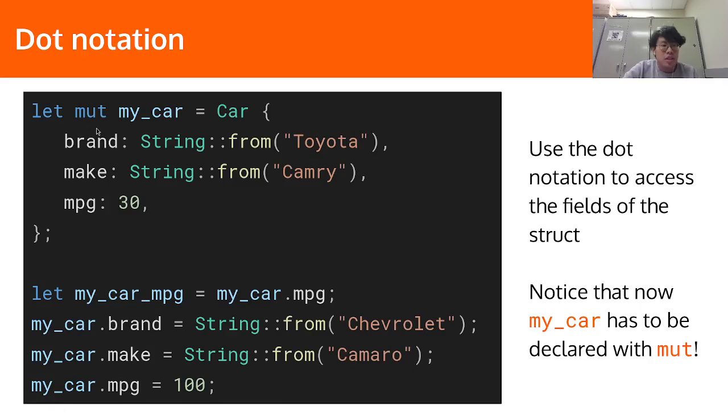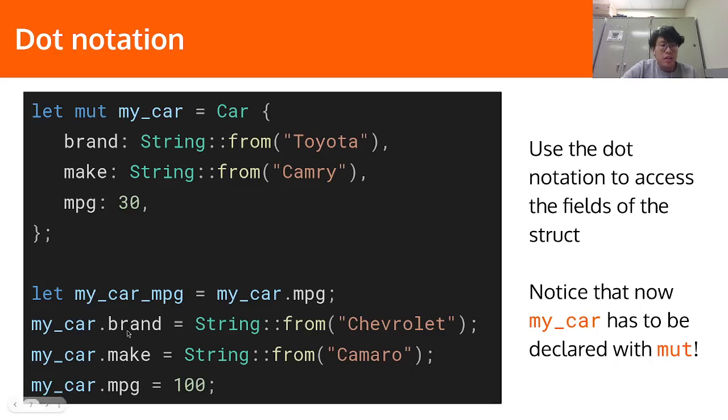For example here, I define the car again, called my_car, and then we let my_car.mpg equal my_car.mpg. This is an example of a value access, accessing the field of a struct. And here, for example, I do my_car.brand equals String::from Chevrolet. This is an example of accessing the field of a struct in order to modify that field.